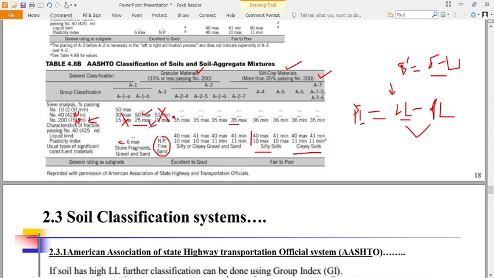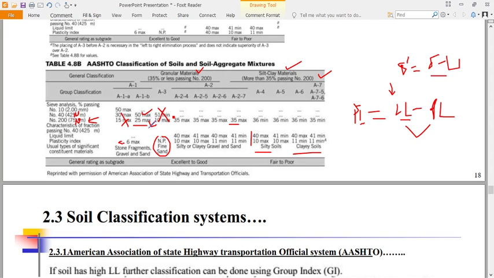Our PI is 8. Okay? So 8 maximum. Remember you have this and this. This one doesn't, because 8 is less than 10. 10 is the maximum here, 11. But our 8 is less than 11. Therefore this one disqualifies and this one passes. So all these ones are ticks, and our material is an A4 material.